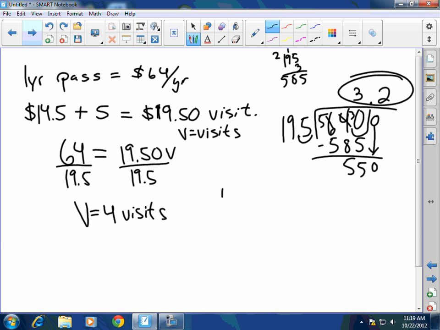B, the second part. What would the cost be for 3 visits with and without the season pass? Well, if you went 1 time, 2 times, 3 times, 20 times, 100 times, and you had the season pass, how much does it cost? $64. Whether you go 1 time or every day, it's $64. Now, it also said without.